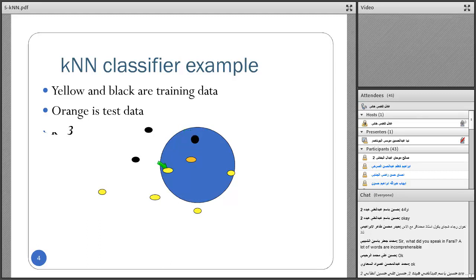Now you see that in the neighbors we have 2 yellow and 1 black. So our prediction is yellow because we have 2 yellow. This is how the KNN classifier works.